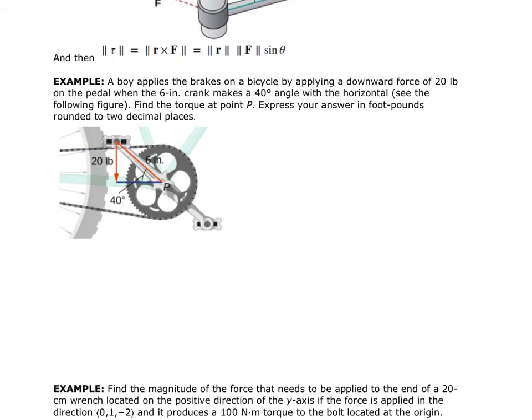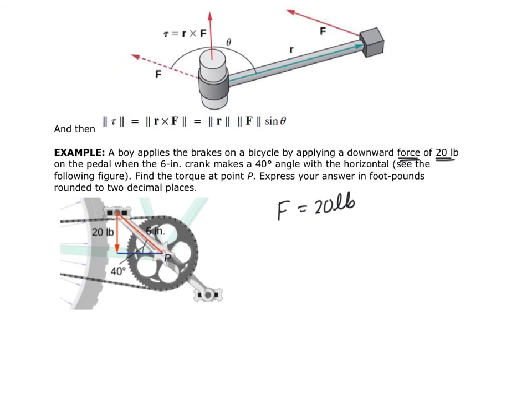So we have this young person bicycling and applies a downward force of 20 pounds. So first of all, they're telling me this is the force, and also the units tell me this is a force. So I know right away my force is 20 pounds. So that's nice to know. Then they tell us that we have this angle that is 40 degrees off of the horizon.